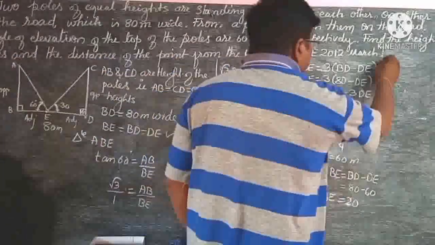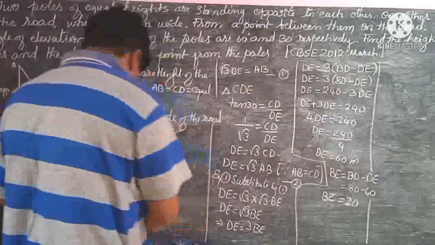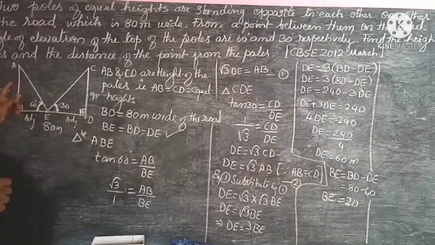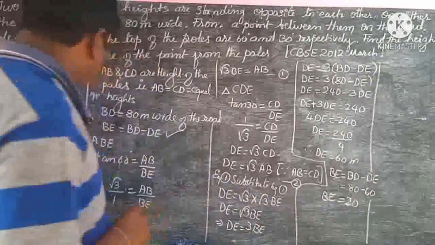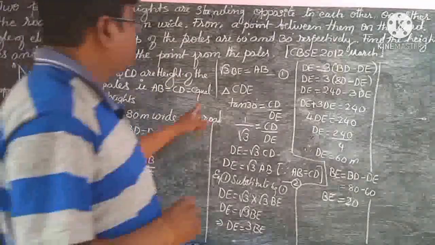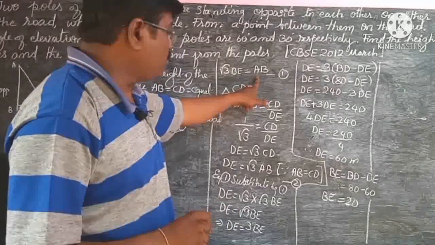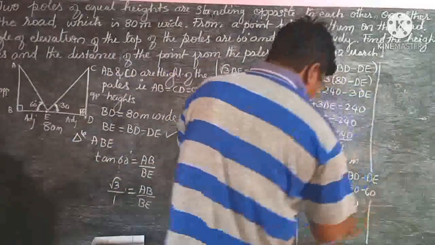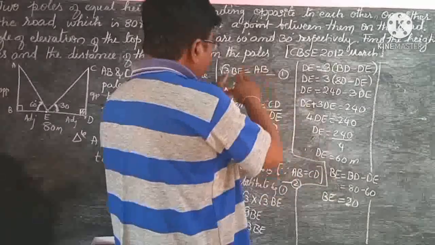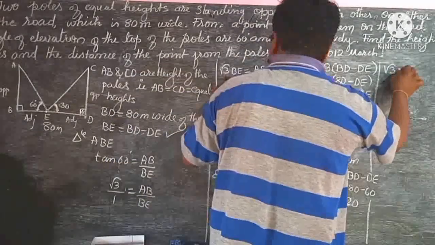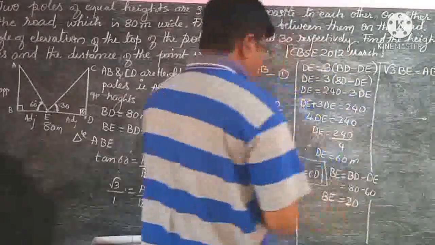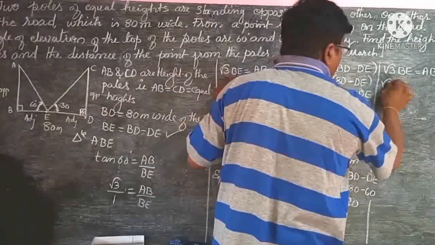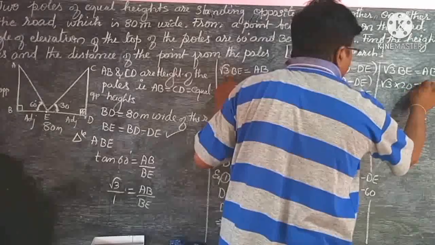After finding BE as well as DE, we can also find the height of the poles. You know that root 3 BE is equal to AB. Therefore you can substitute the values in equation 1: root 3 BE is equal to AB. BE is already found, so root 3 into 20 is equal to AB.